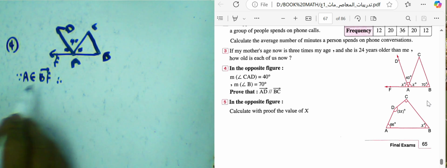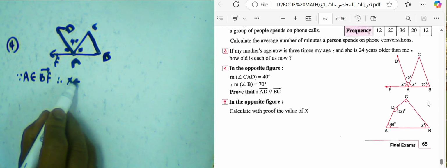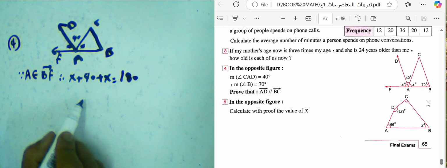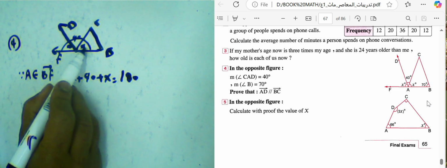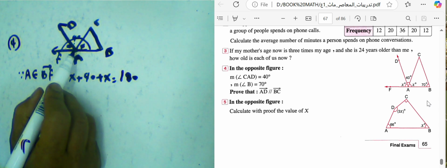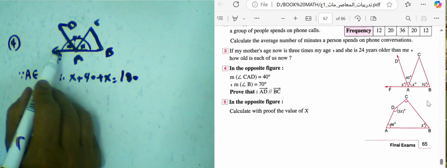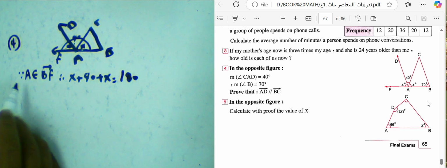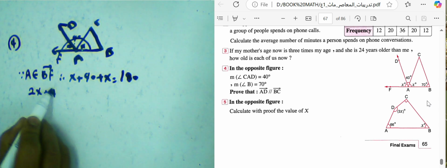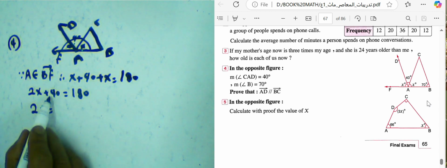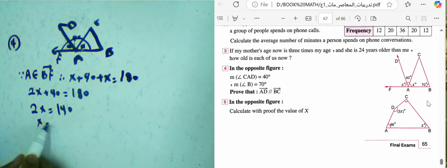Then we can write: measure of angle x plus 40 plus x equals 180, because we have 3 angles that are collinear. The sum of them will be 180 because we have a straight angle. x plus x is 2x, plus 40 equals 180. Then 2x equals 180 minus 40, which is 140. Then the value of x is 70.